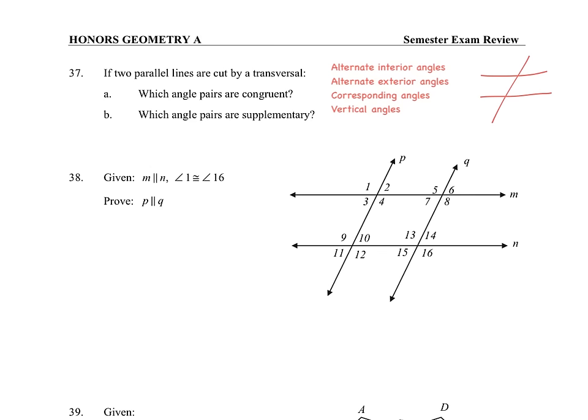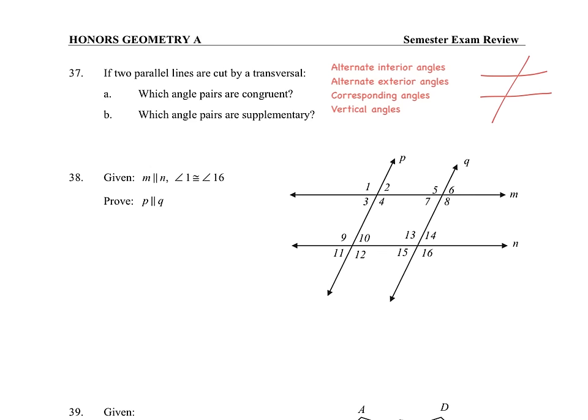Question 38 asks us, given line M is parallel to line N and angle 1 is congruent to angle 16, we need to prove that line P is parallel to line Q. So remember that there's multiple ways to do a proof.